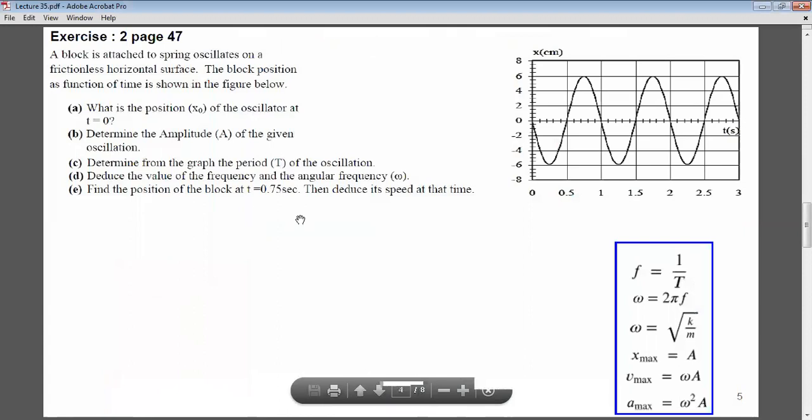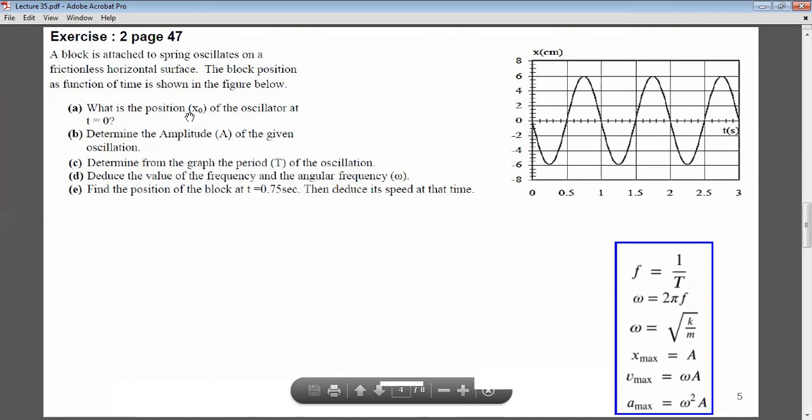Let's do two exercises from your booklet. This is exercise number 2, page 47. A block attached to a spring oscillates on a frictionless, so there is no friction, horizontal surface. The block position as a function of time is shown in the figure below. So this is x as a function of time.